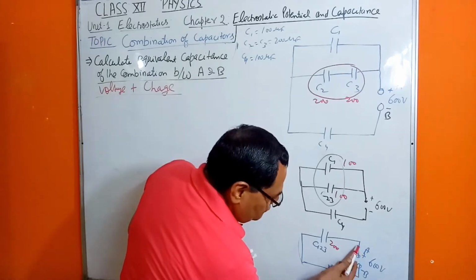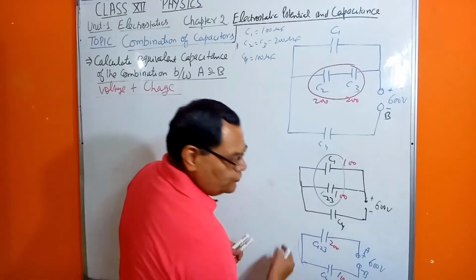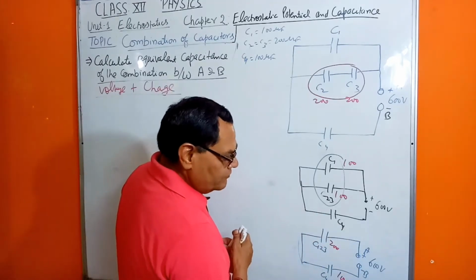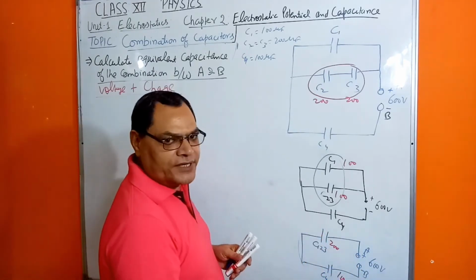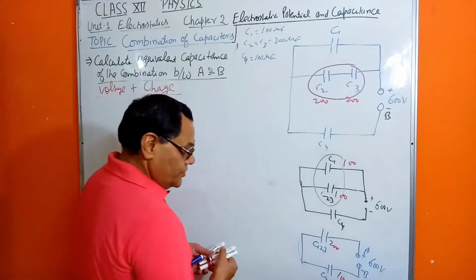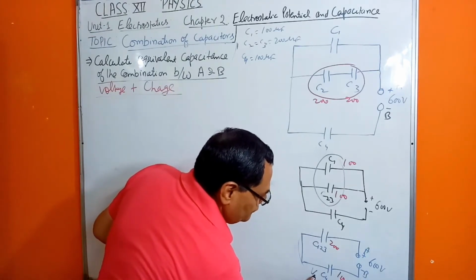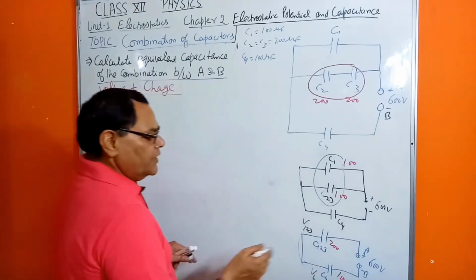So naturally when some charge flows through C4, let me put the charge flowing as Q4. In series, charge remains the same, and the voltage is 600, but the voltage across these will be different because in series, as we have shared earlier, the voltages are different. So here let's say voltage V4 and here voltage V123.